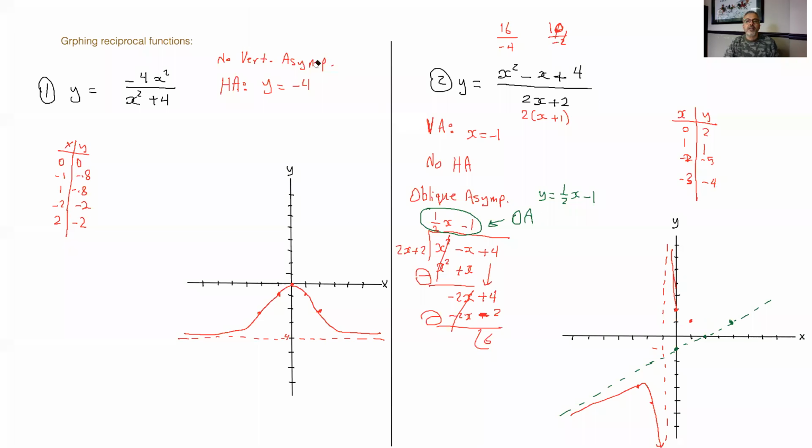I don't like the way this was drawn. So this is doing this, and then kind of doing this, yeah. It's getting close to the asymptote, that's it. And that's basically how you graph something with an oblique asymptote. 2 points give you an idea of how roughly the graph is going to look.